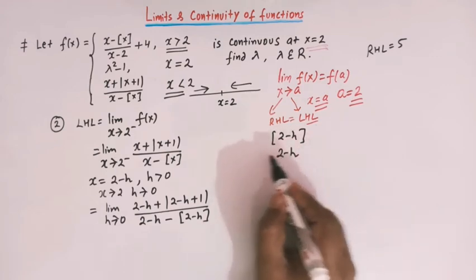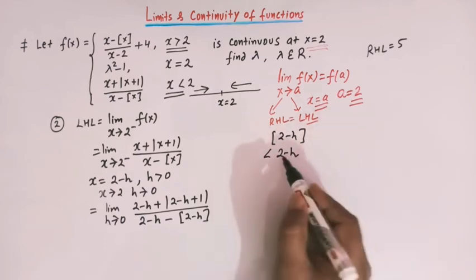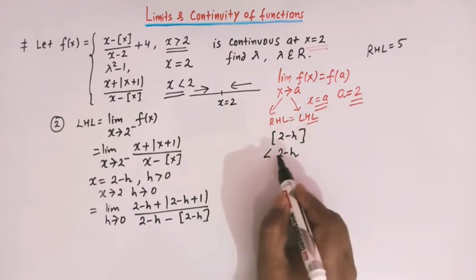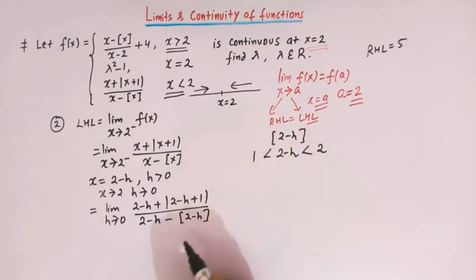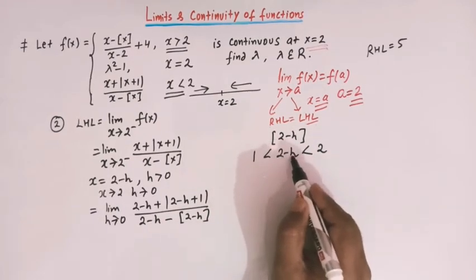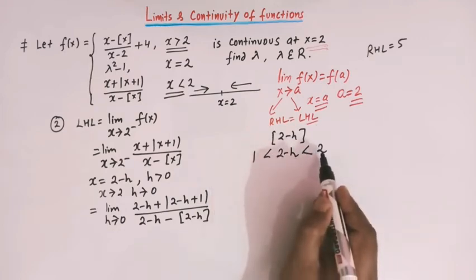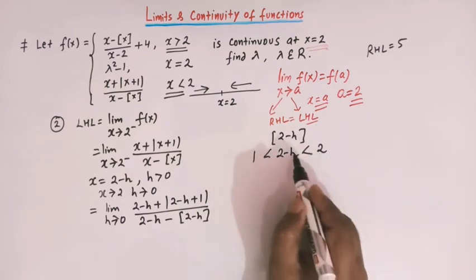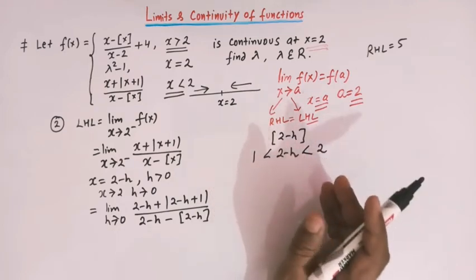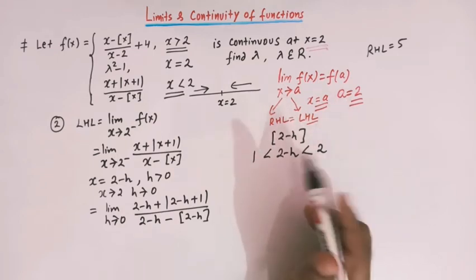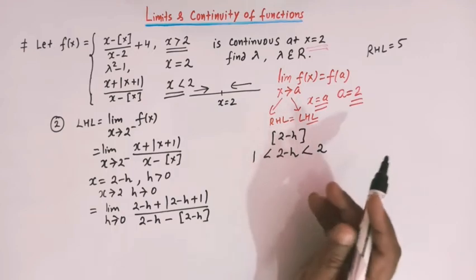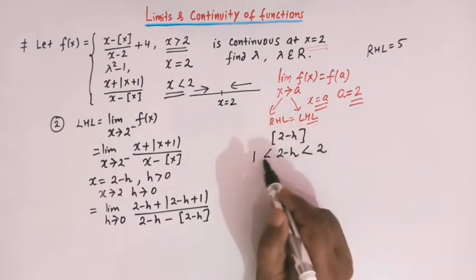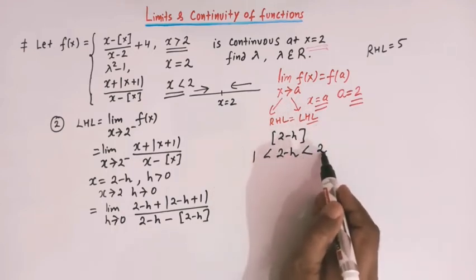less than 2. Here we can write it as 2 minus h is greater than 1, but it is less than 2, right? So 2 minus h lies between 1 and 2, because h has some value, however small, but when we subtract h from 2, we get a number which is greater than 1 but slightly less than 2.